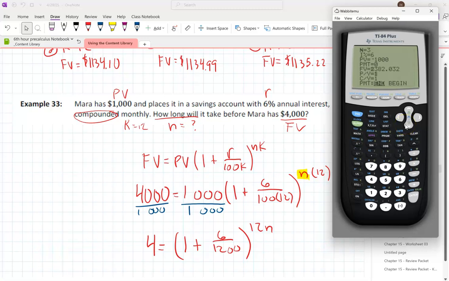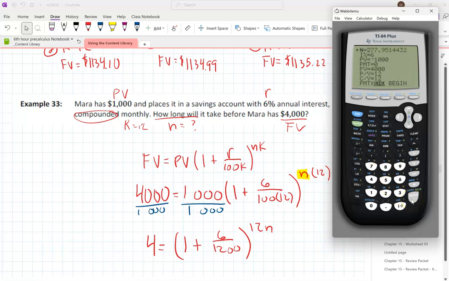So my number of compounds per year is 12, so I'll make both P/Y and C/Y 12s. And our future value needs to be 4,000. We're not adding to this at all. And what we want is the time, so the N.